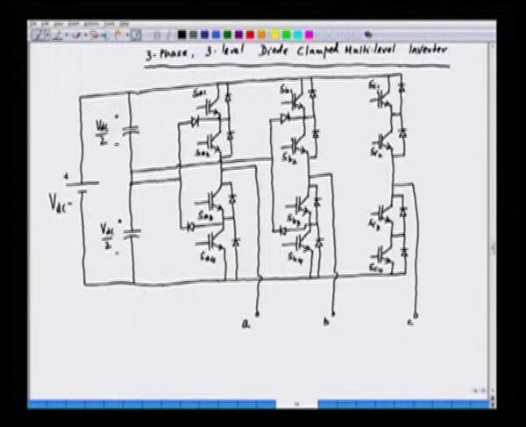For phase C also we have two clamping diodes for the upper two IGBTs of the same leg. Then we have the clamping diode for the lower switches, and these two are connected together, and the midpoint of this is connected to the midpoint of the capacitor.